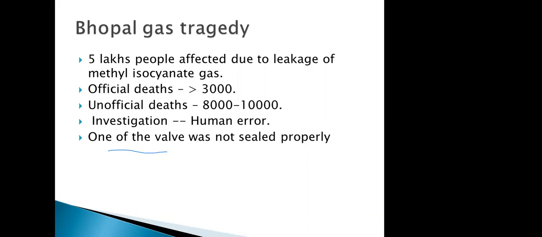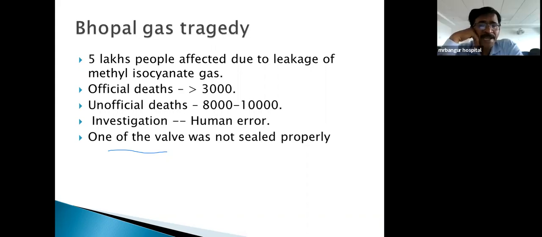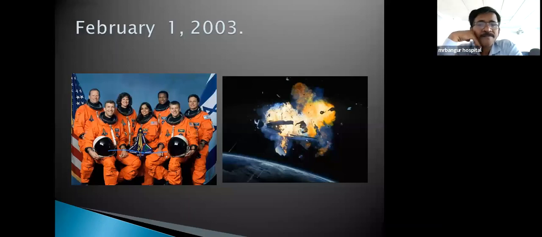However, subsequent investigation has revealed that the whole accident occurred because of a human error. When that factory was going to close, all these valves delivering this gas needed to be closed, but one of the valves was not sealed properly, and that led to the leakage. You have seen this picture.